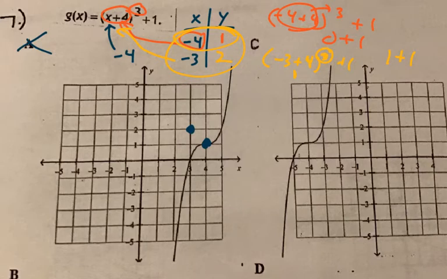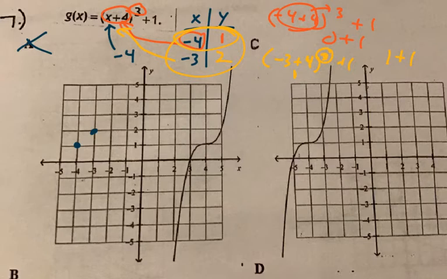Let's try C. Oh, I actually made a mistake. I did 4, 1. Sorry. So A is not even close, guys, because negative 4, 1 is there. Sorry about that. Negative 3, 2 is right there. By the way, that's a very common mistake even pros can make, right? Be careful of your signs. So A is definitely not even close.